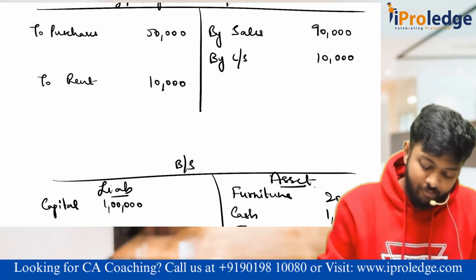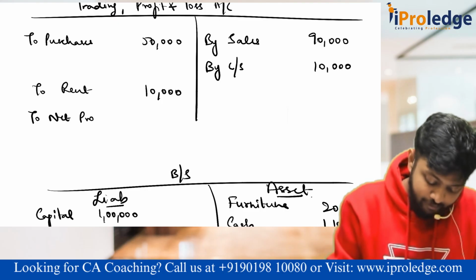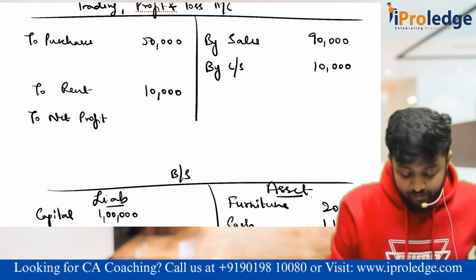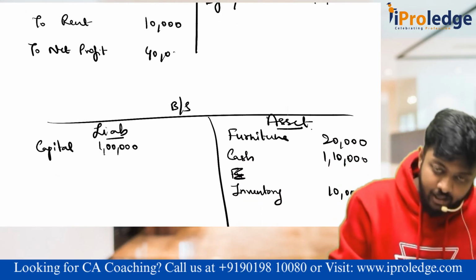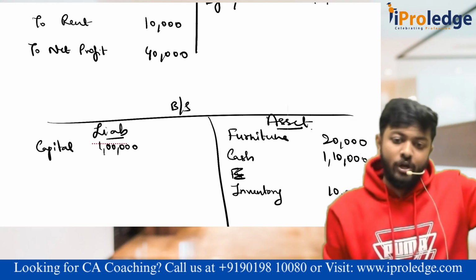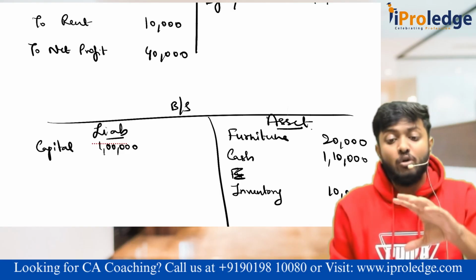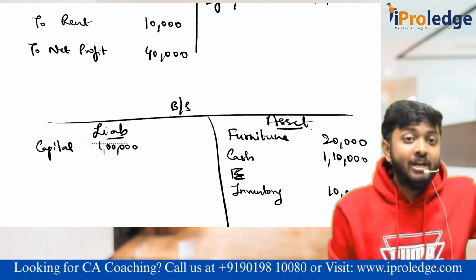Now let's find out what my profit is. What is my net profit? 1 lakh minus 50, 50,000. 50,000 minus 10, 40,000 is my profit. What will happen to the profit? Guys, this profit also belongs to the owner only. I, the business, am liable to pay this profit also to the owner. So that's why I will add it to the liability towards the owner.